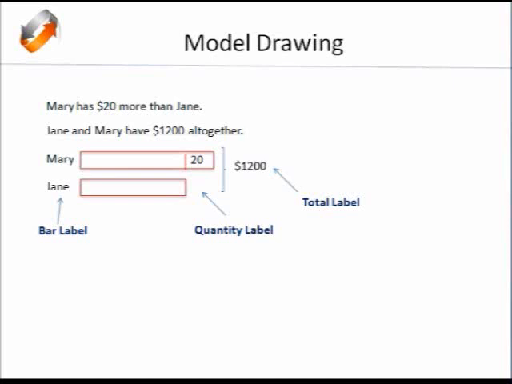Now Jane and Mary are the bar labels. Then put in 20, and this 20 represents the quantity label. 1,200 represents the total label. You would use the curly braces to show the total for $1,200.